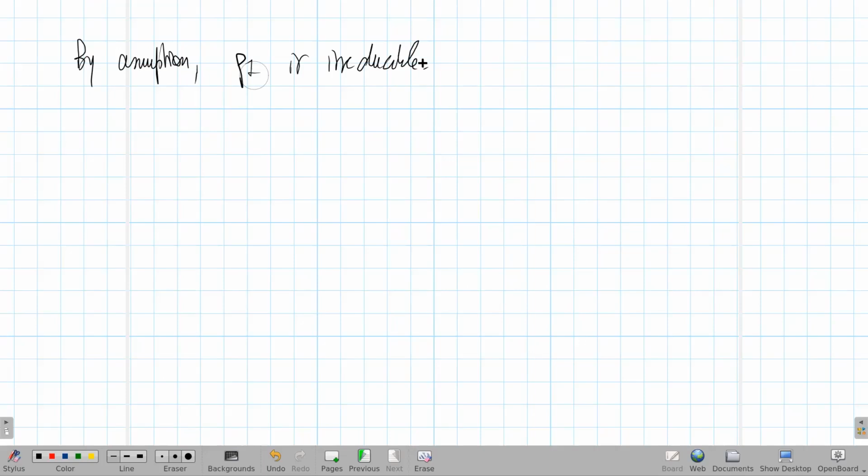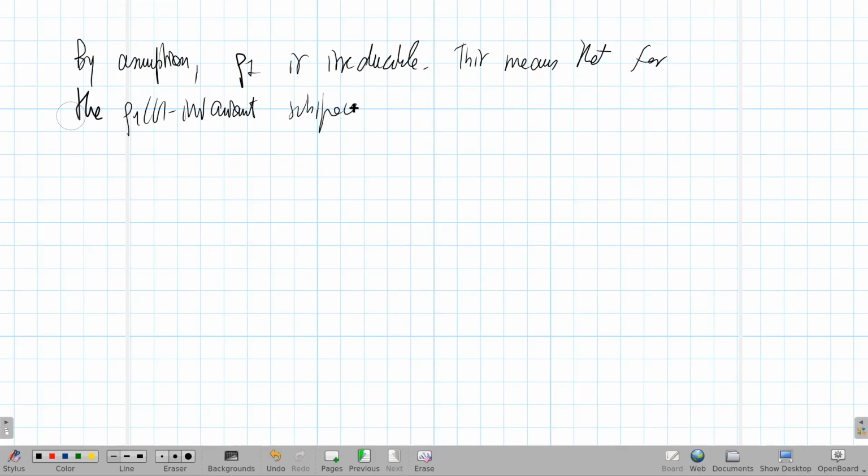If rho 1 is irreducible, this means that for the rho 1 of g invariant subspace, the kernel of F, we just proved that this is rho 1 of g invariant.